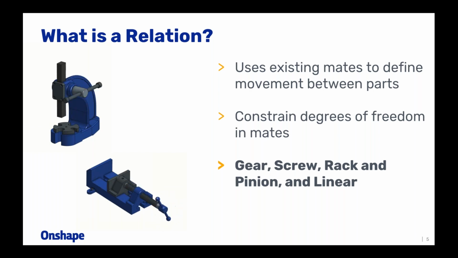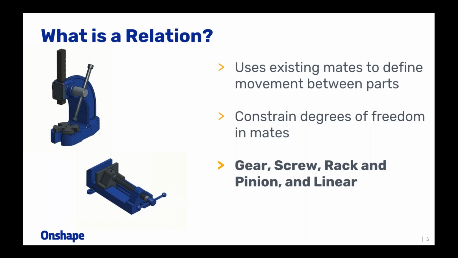You have this interaction between parts. And the way a relation works in Onshape is it uses existing mates that you've already created to define relationships between parts. And essentially what you're doing is you're defining a relationship between the mates that were already existing. Right, now, I'll go over this in greater detail in just a bit, so bear with me if this is still a little confusing.